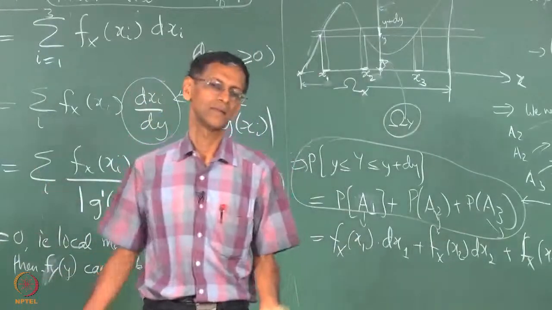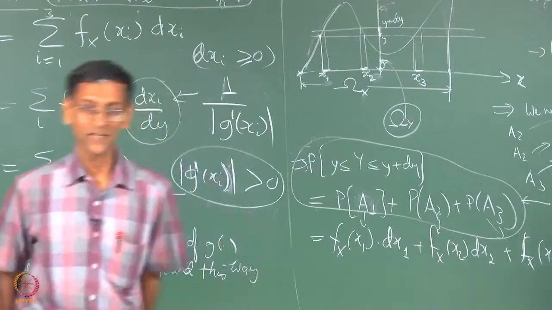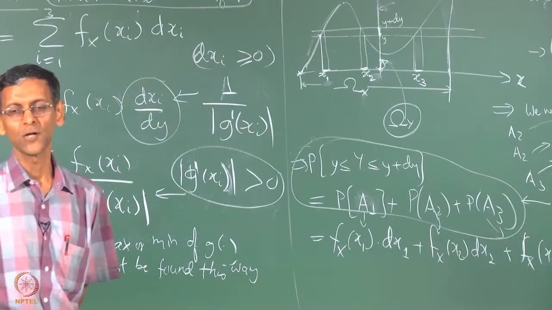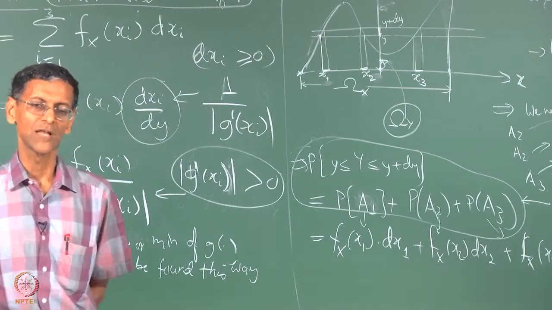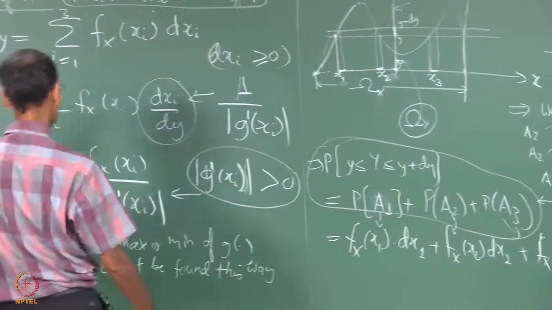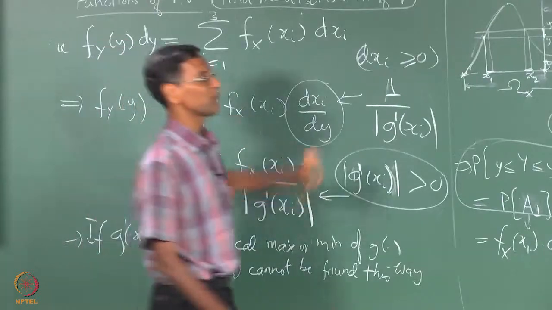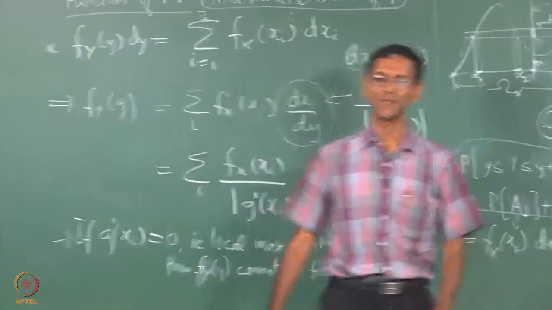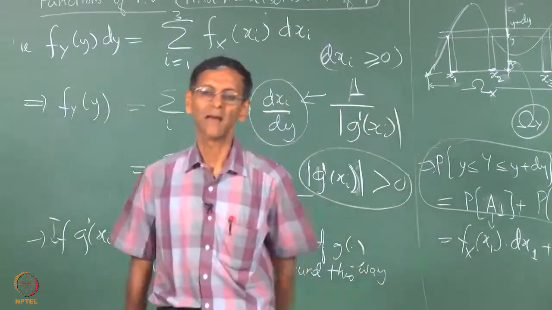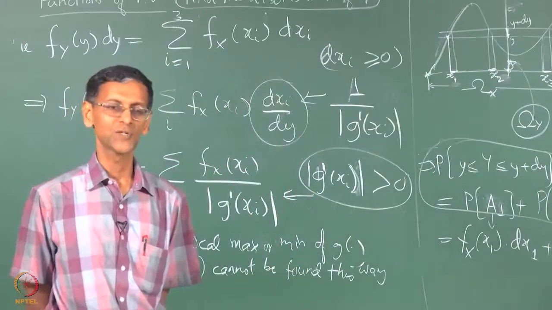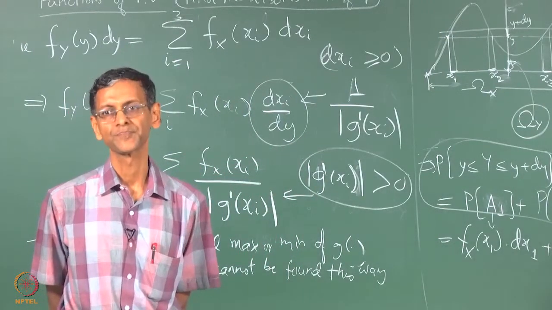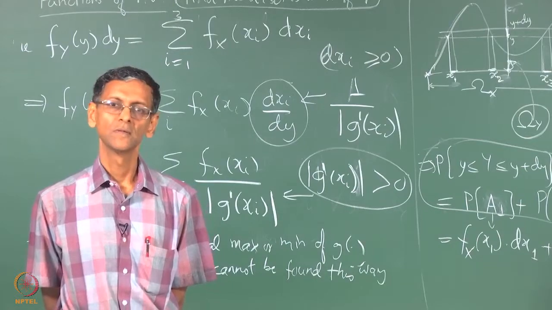Then you are not supposed to use this method anyway; fy in fact will not have a good meaning. Since we have started off assuming that there is no such case, you can safely say there is only going to be a finite number of maxima and minima, and therefore it does not matter if you do not find fy at such points. Okay.